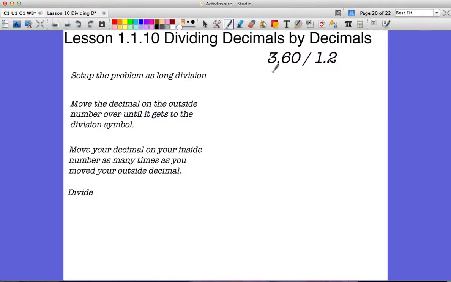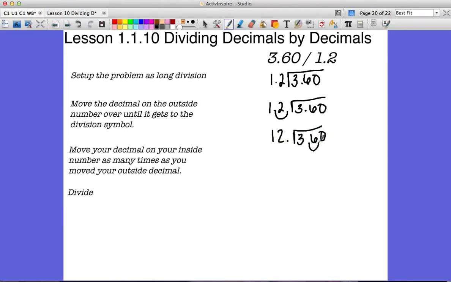So you should have that we set it up like this, and then show that we're moving the decimal once, and then show it here again that we're moving it once. And now your fourth step is to divide with your decimals in their new places.